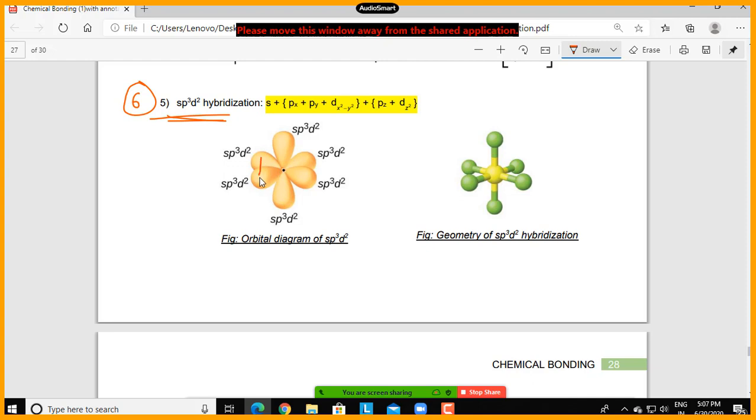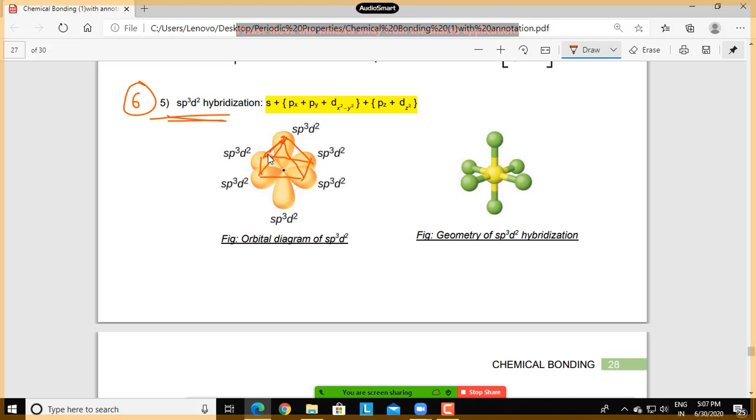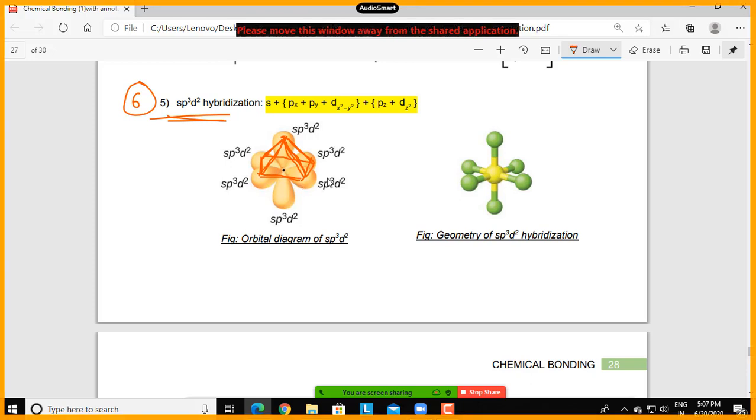So this is looking like a square, and if you join this point, it looks like a pyramid. Is it clear? Yes, sir.